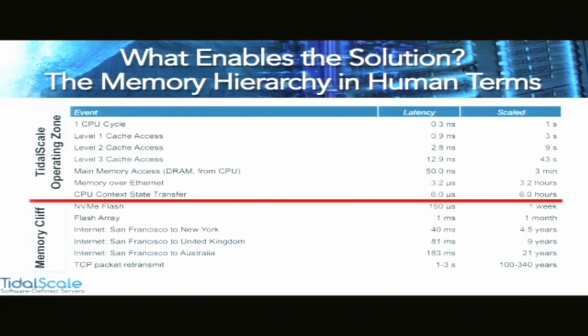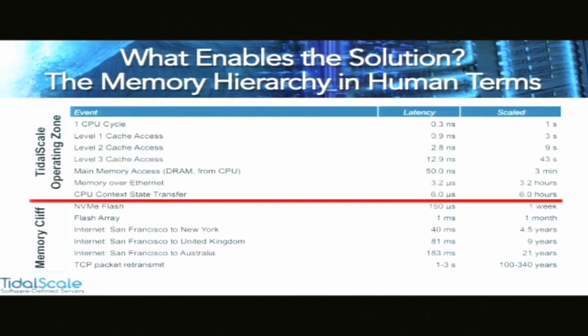So on the right, I'm trying to turn that into human terms. What does that mean? If one CPU cycle was 1 second, then level 1 cache RAM access is 3 seconds. An ordinary RAM access is 3 minutes. And then you jump to flash, where the access time is 1 week, right?